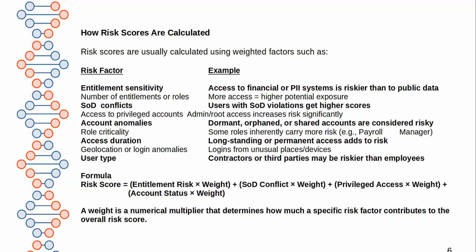There is another factor that comes in, something called weight. Risk scores are usually calculated using weight as one of the factors.